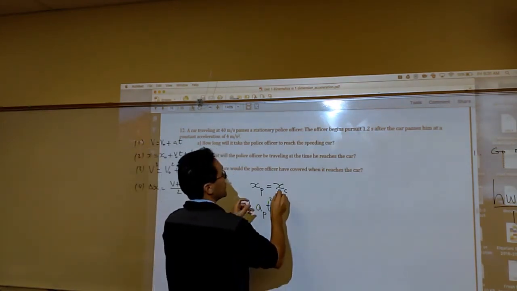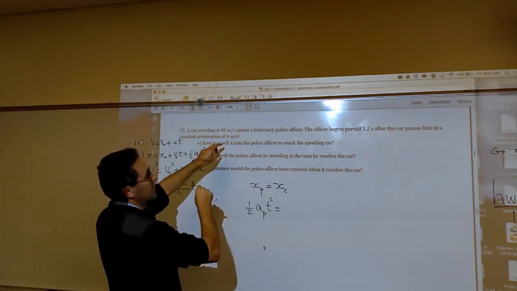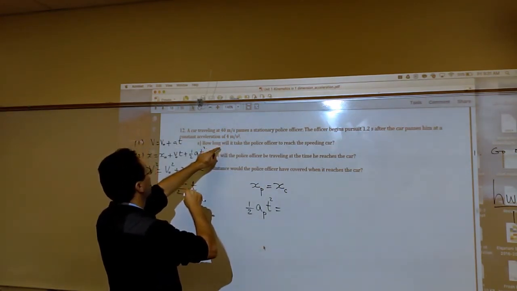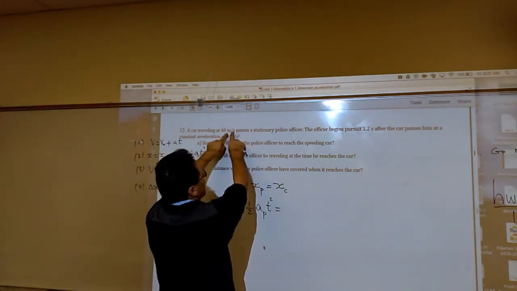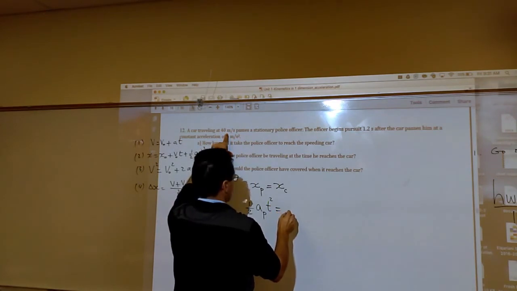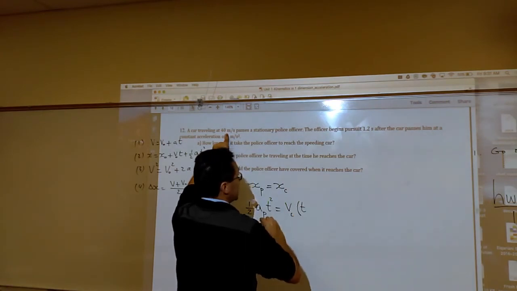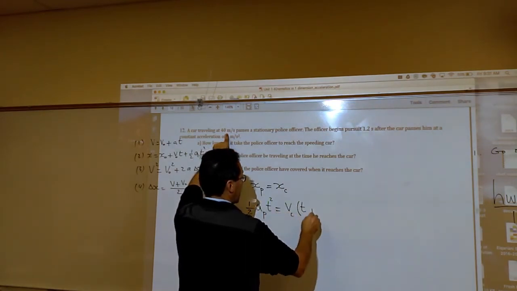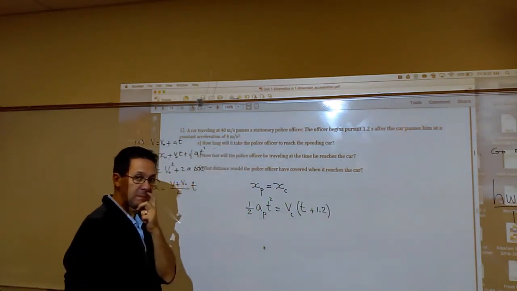for the person to go in a constant, oh, they're accelerating. Oh, the police officer accelerates. This guy doesn't accelerate. Okay, so that's going to be just the velocity of the car. But here's the trick. It's the time it takes the police officer plus 1.2 seconds. Right?